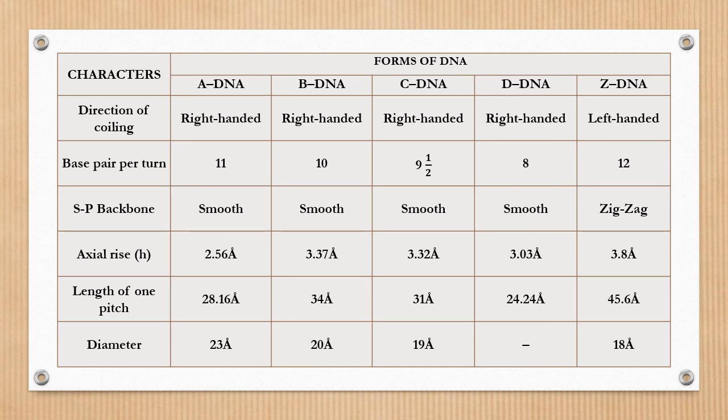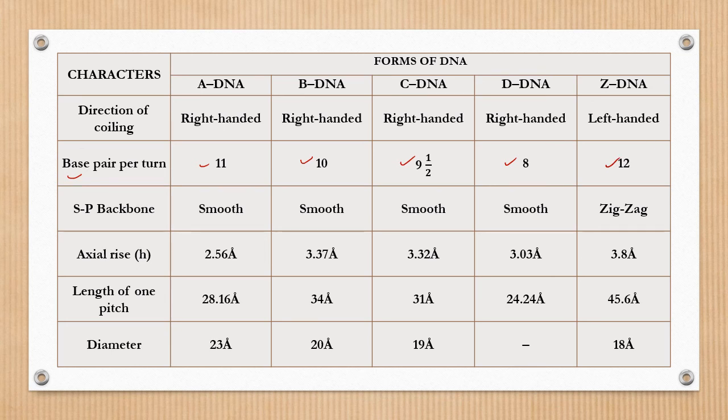Let's see. First consider the number of base pairs. A DNA consists of 11 base pairs in one complete turn, B DNA has 10 base pairs in a complete turn, C DNA has 9, D DNA has 8, and Z DNA has 12 base pairs in a complete turn.